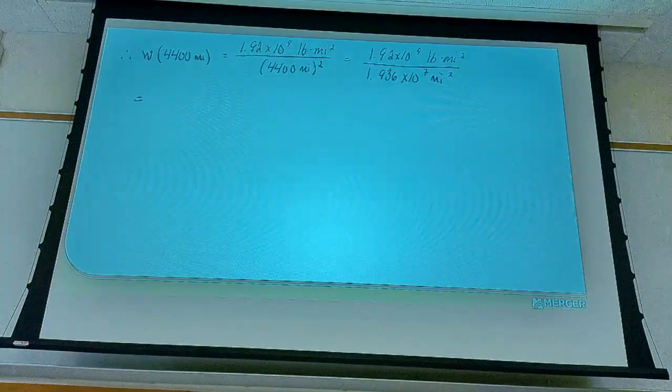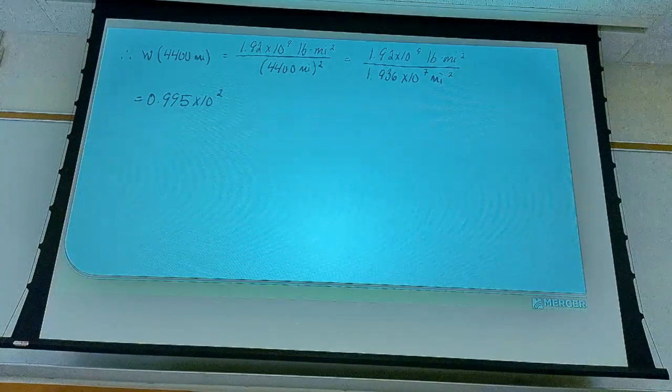Oh, I'm sorry, it'll be slightly under 100 pounds. 0.995 times 10 squared. It's 10 to the 9th divided by 10 to the 7th, so it's 9 minus 7.